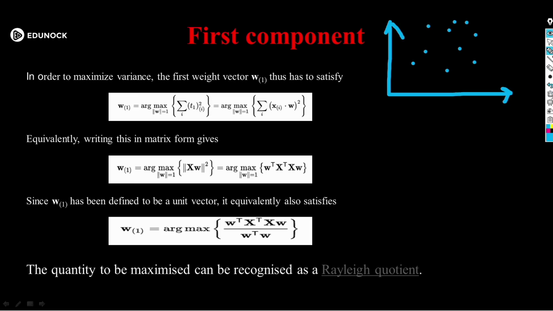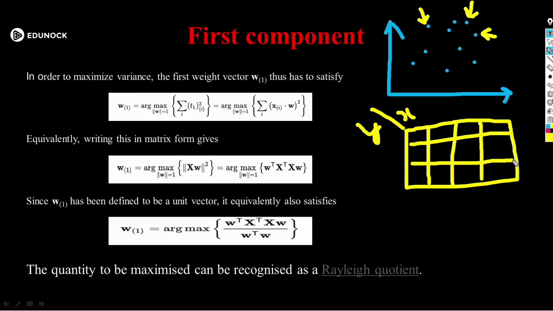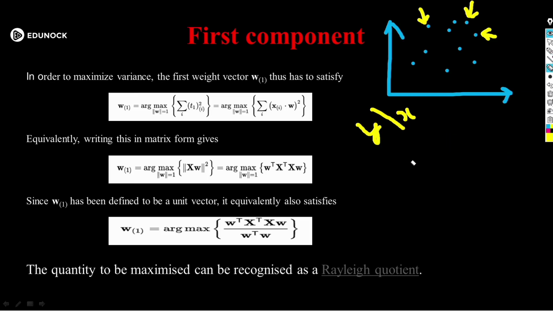So this data point will contain x1, y1, this one will have x2, y2, this one will have x3, y3, and the whole data set can be drawn in a two-dimensional x and y matrix. This matrix is calculated along the x-axis and y-axis. So we can convert this data set into matrix format.